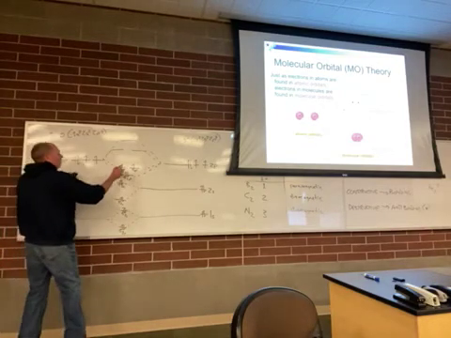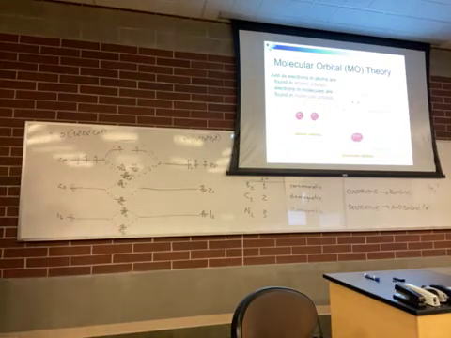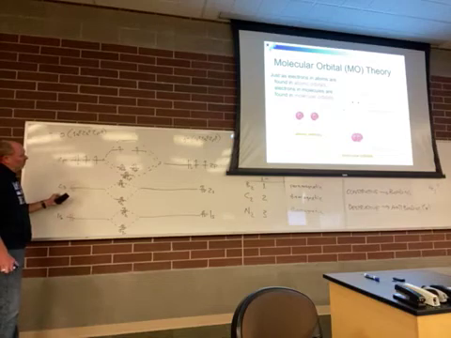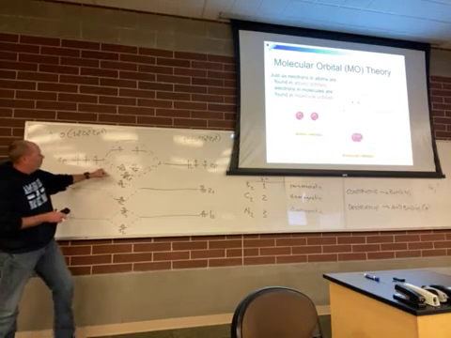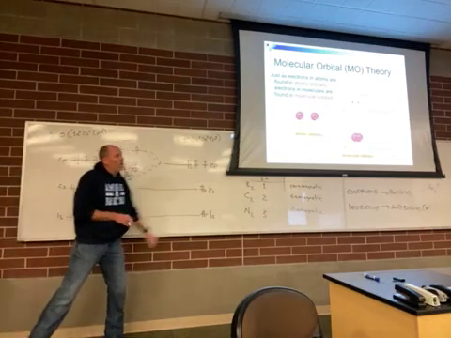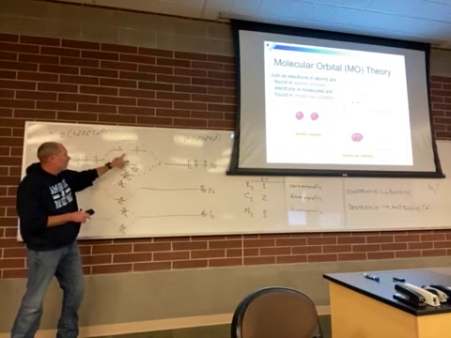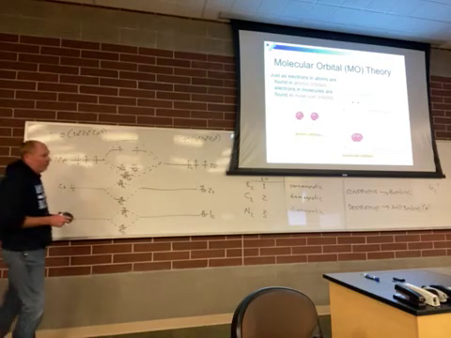Oh, yeah, sorry. Something's not right. I messed that up. It's just a 2p4. There's 3. It's good enough. So what I have is 1, 2, 3, 4, 1, 2, 3, 4, 5, 6, 7, 8. I'm good. So what would I predict for my bond order for O2?